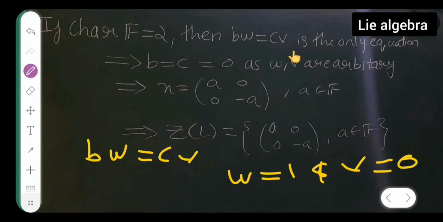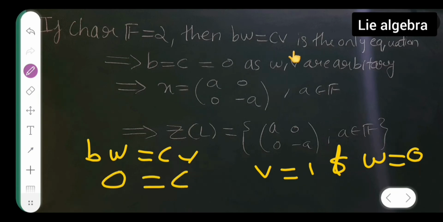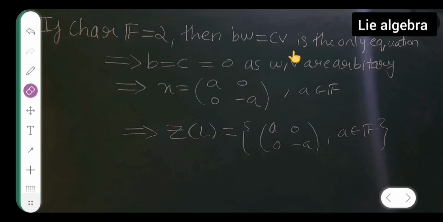I will get B is equal to 0, right? Now if I put V equal to 1 and W equal to 0, I will get this as 0 and this is equal to C, right? Now C is also equal to 0. This is roughly what I have shown you all. Now this implies B is equal to C is equal to 0.